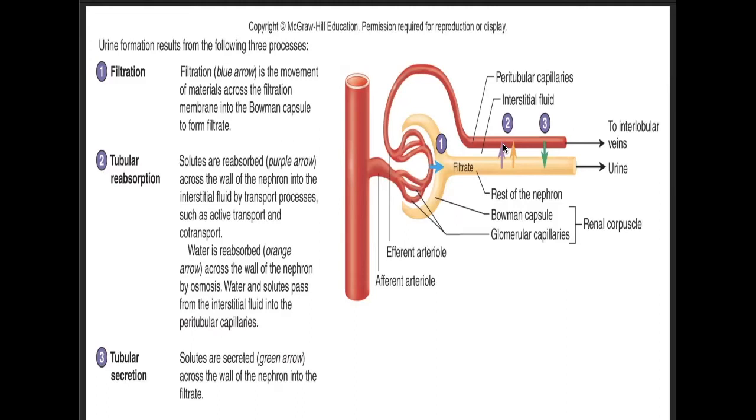Now the water is being reabsorbed across the wall of the nephron by the process of osmosis. Now, the water and the solute pass from the interstitial fluid into your peritubular capillaries. Now, the solutes are secreted again here across the wall of the nephron into the filtrate. That is your tubular secretion.